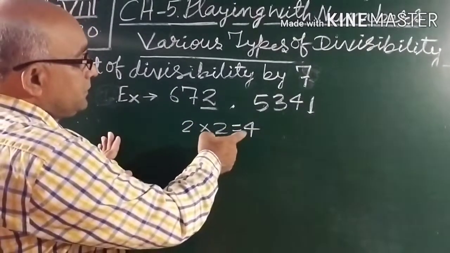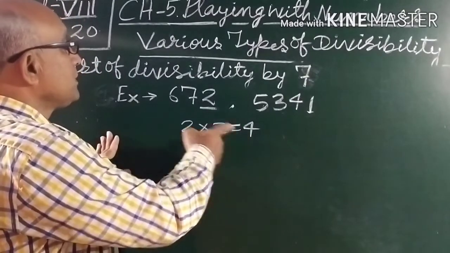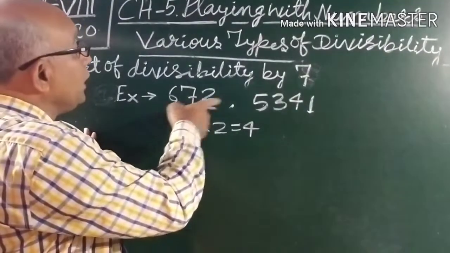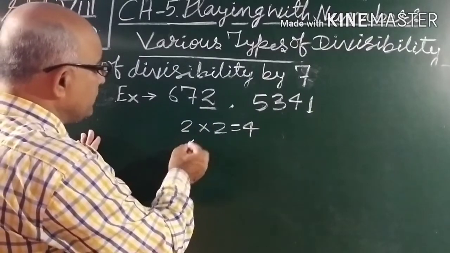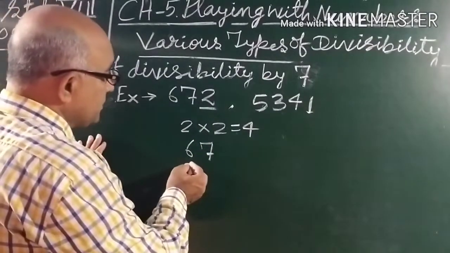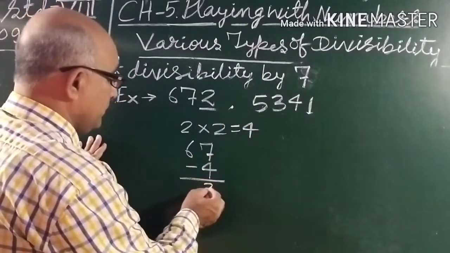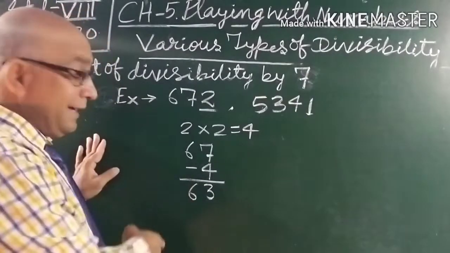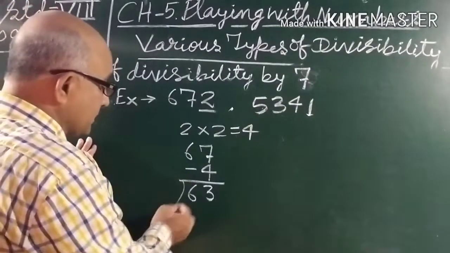Then subtract it from the number excluding the unit digit. So excluding the ending unit digit, the number is 67. 67 minus 4 is 63. Now if it is divisible by 7, then the given number is divisible by 7.